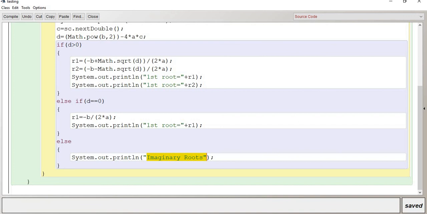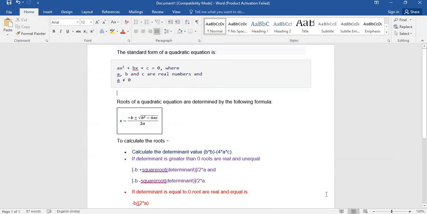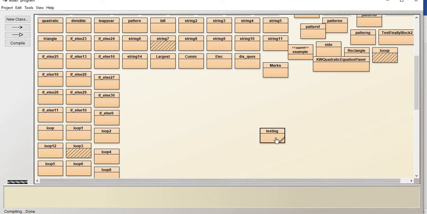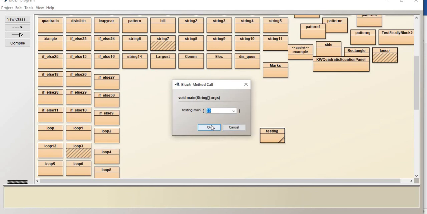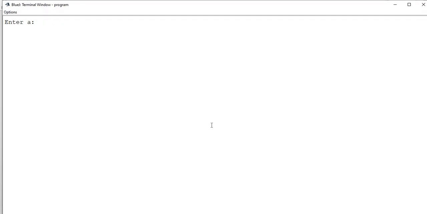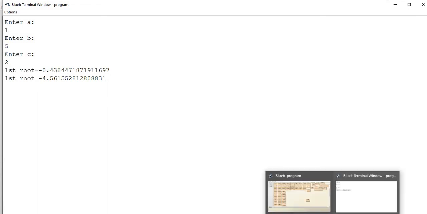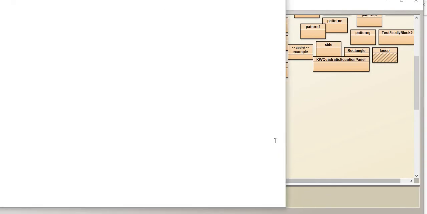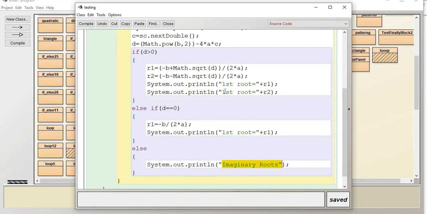Okay, so let me execute it and show you the output, so that it will be very clear for you. Let me give the values. We can give 1, 5, 2. So this is the root, as you can see. There is a printing mistake that I have made. It is showing first root, it should be second, because we are getting two roots, right?